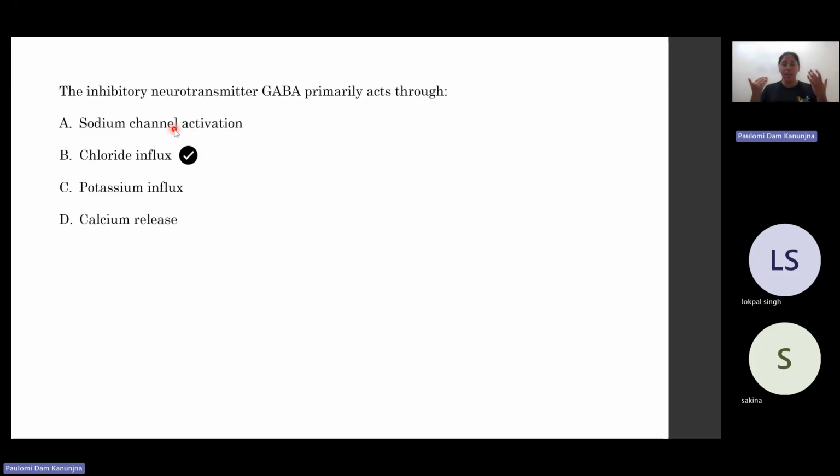And as soon as your negative charge is coming inside the cell, your membrane is now becoming more negative. So see, your resting potential was minus 70. More addition of negative ions means it is going below minus 80, minus 90. From there, for it to do a depolarization or generate an action potential is very difficult. That's why it's inhibitory.